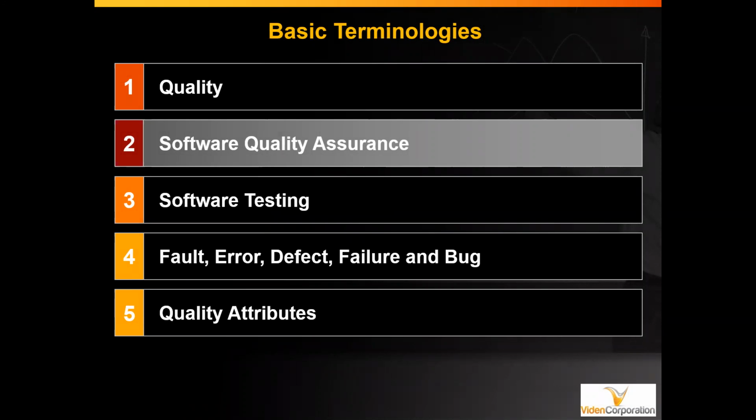Defect, bug, error, failure, for them it means, hey, the product is not working as expected. That's just the same thing. But keep in mind when you go for certification, all these are treated a little differently. Yes, there are subtle nuances to these that make the definitions different.